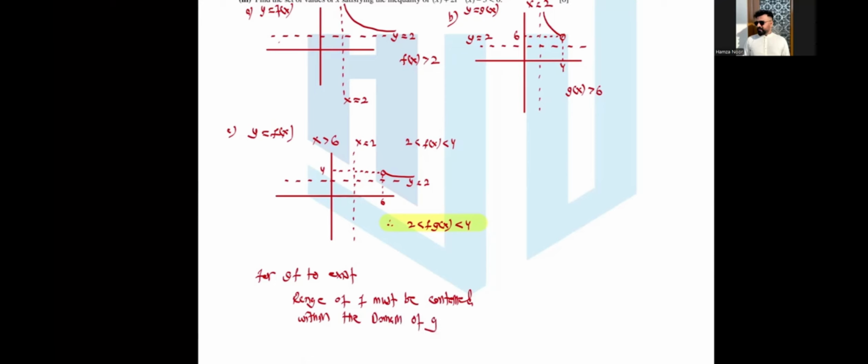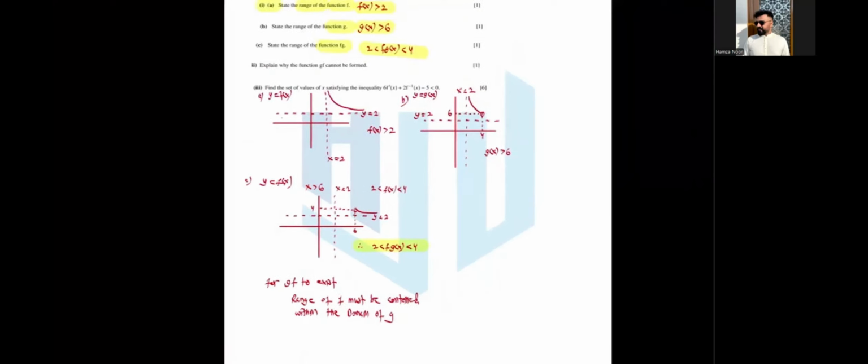If this condition is fulfilled, then the composite function gf would exist, otherwise not. So first of all, we are going to observe the range of f(x). As we know, the range of f(x) is that f(x) is greater than 2.